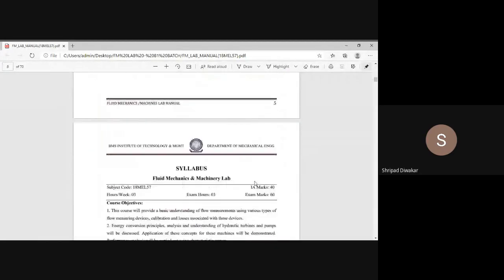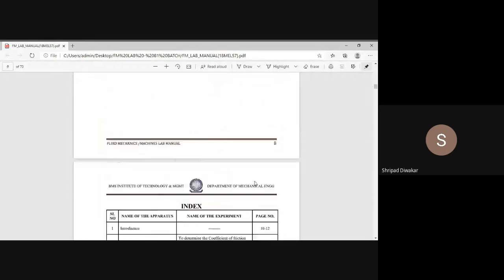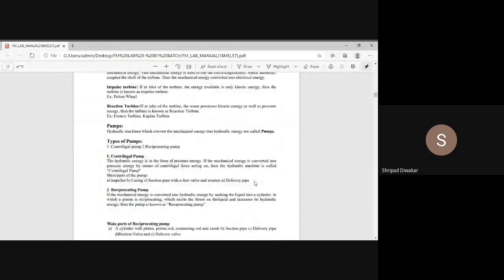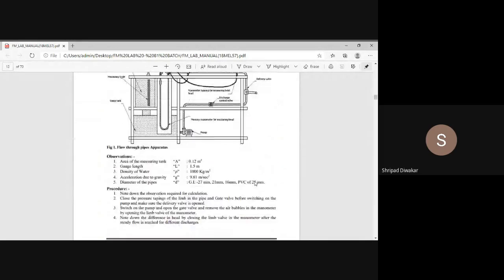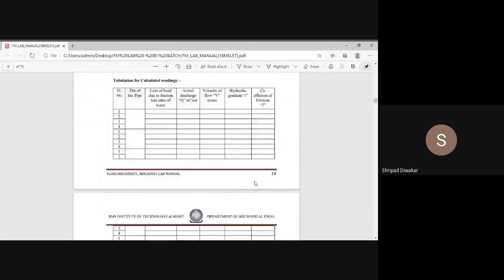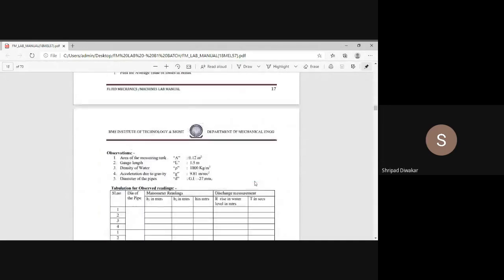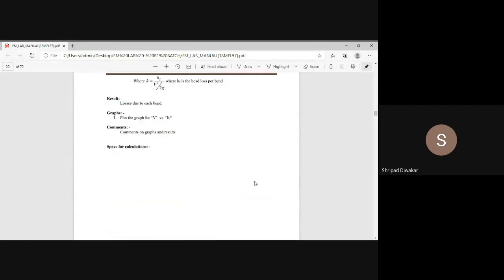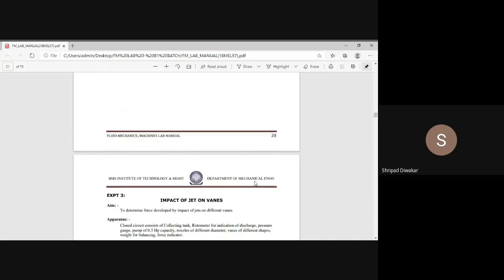Now I'll explain the difference between orifice meter and venturimeter. We'll get less accuracy in orifice meter. On the other hand, we'll have more accuracy in case of venturimeter. Orifice meter is less costly as compared to the venturimeter because of the construction.